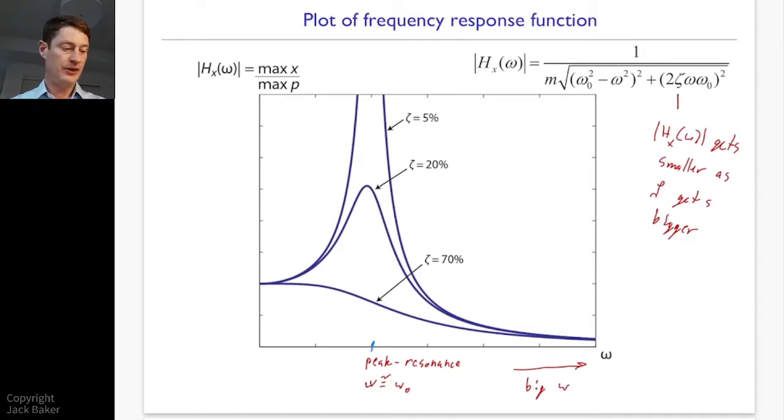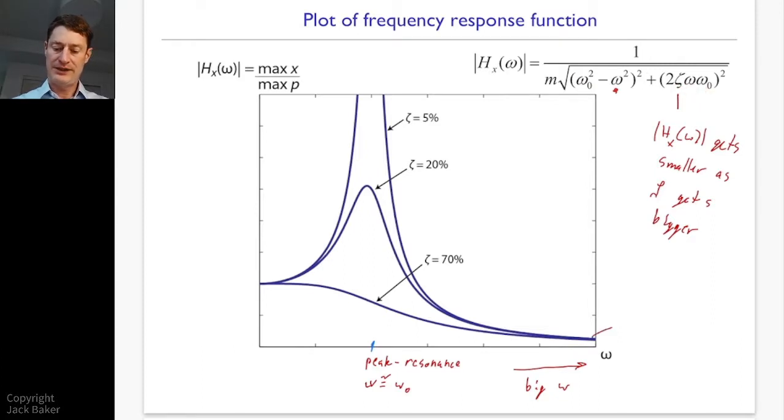So what we can see is that if that omega gets really big compared to omega naught, the omega squared term is going to dominate, right? So the omega naught term is not going to matter much because it's a lot smaller. The second term over here is not going to matter a lot because it doesn't have a square on the omega.